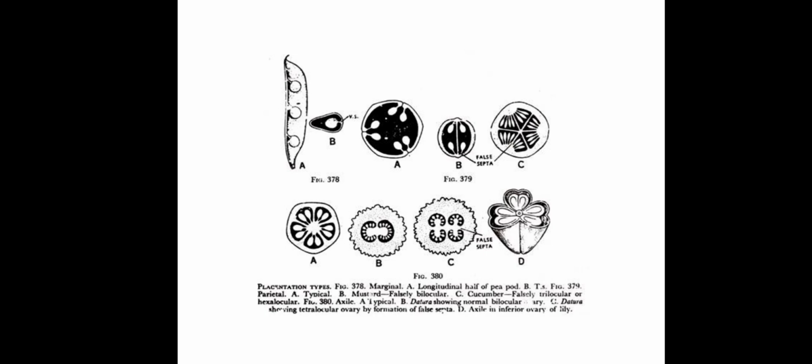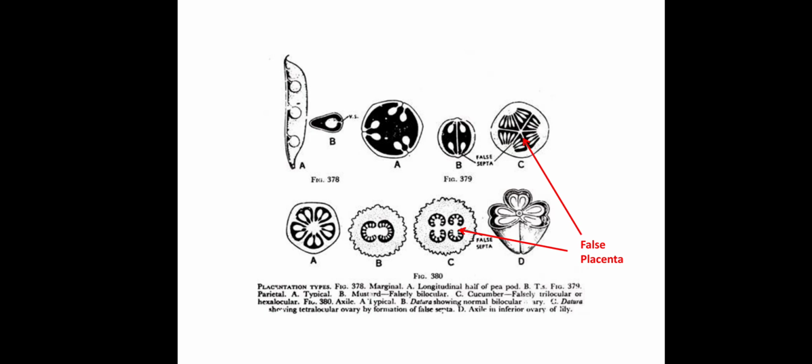Then the next figure, that is 380, shows in A a typical axial placentation, and next it shows the normal bilocular with false placentation. Here we can see these are the false placenta.